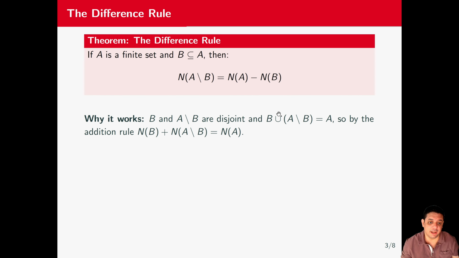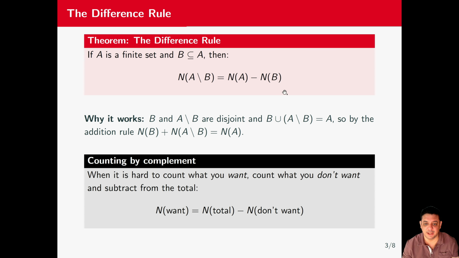Okay, so one of the reasons why this works is because B and A minus B are disjoint. You can see A as the union of B and A minus B. So by the addition rule, the number of elements in B plus the number of elements in A minus B equals the number of elements in A. Then we just move the number of elements of B to the other side, and we get the formula.